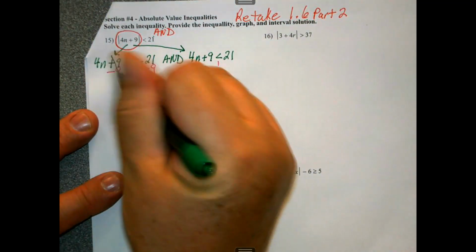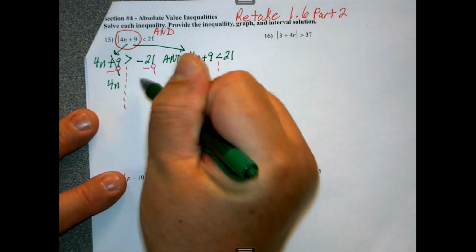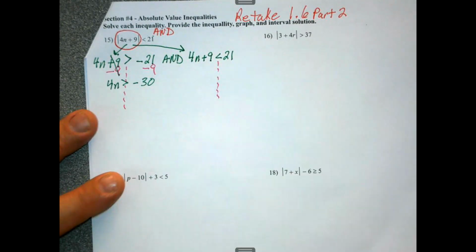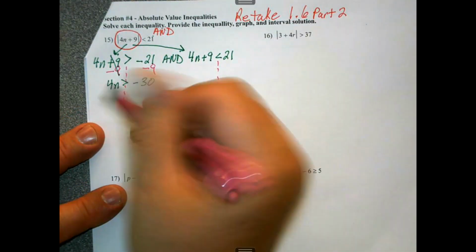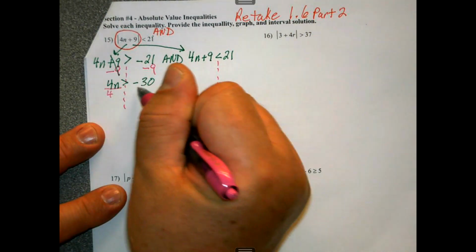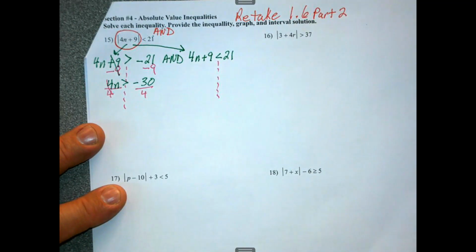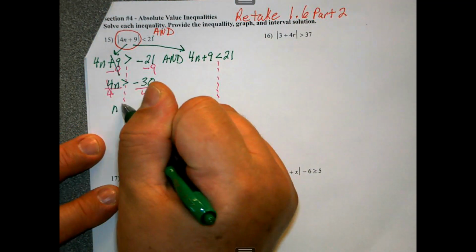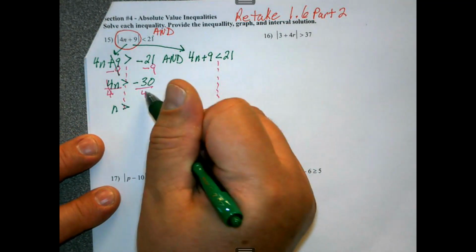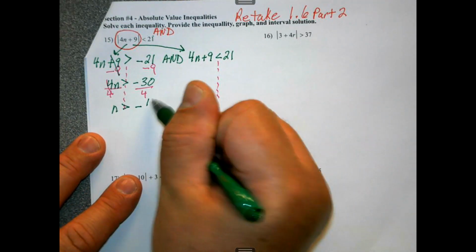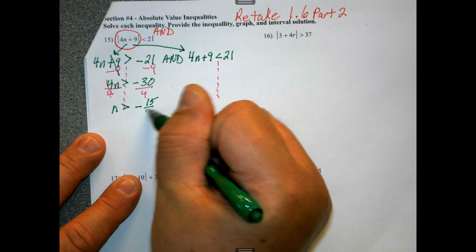I get 4n is greater than negative 30. Divide by positive 4. Keep the sign. I get n is greater than negative 30 fourths, which can be reduced to negative 15 halves.